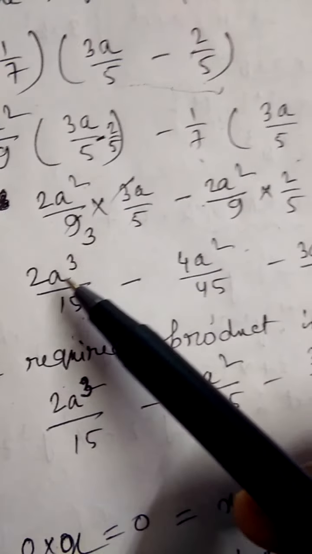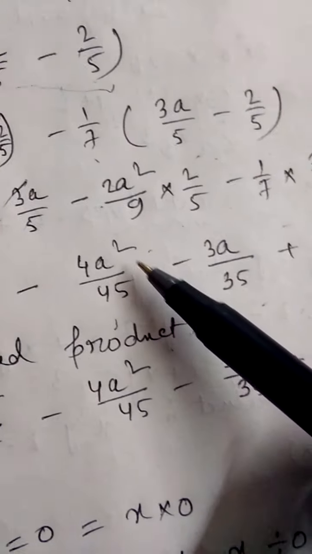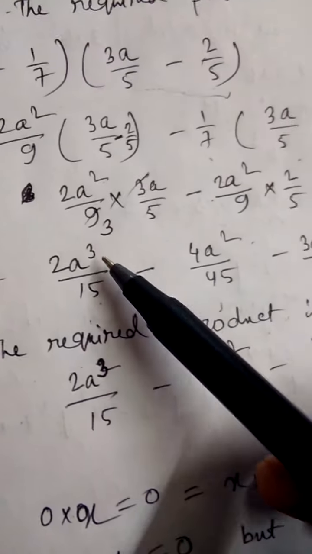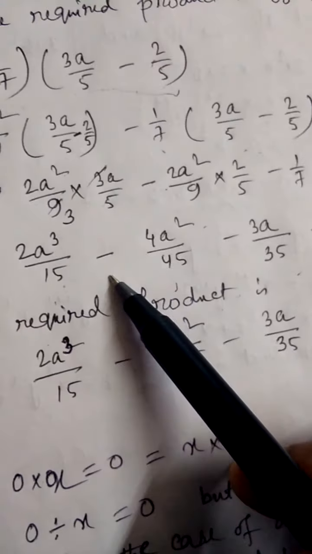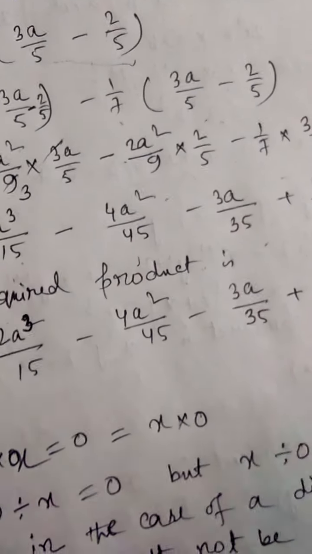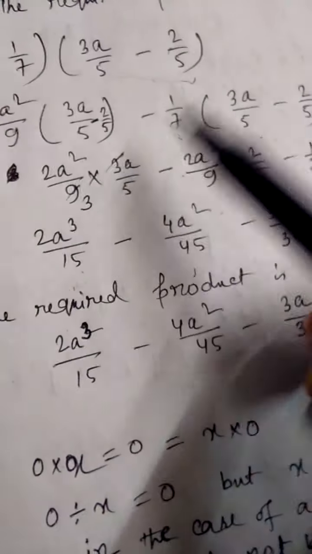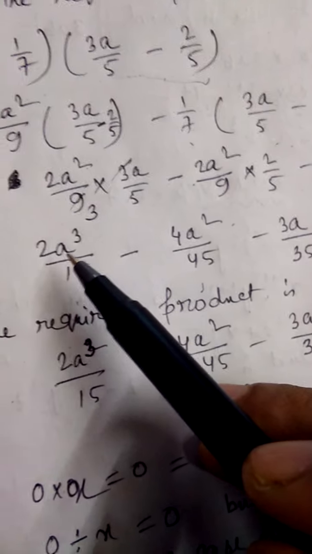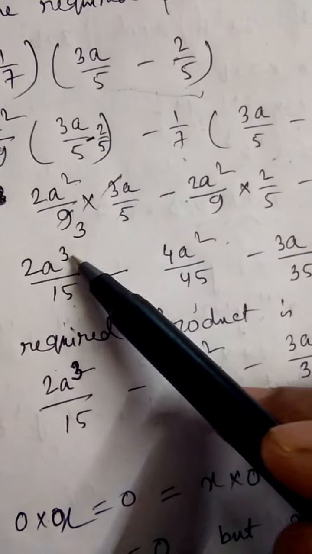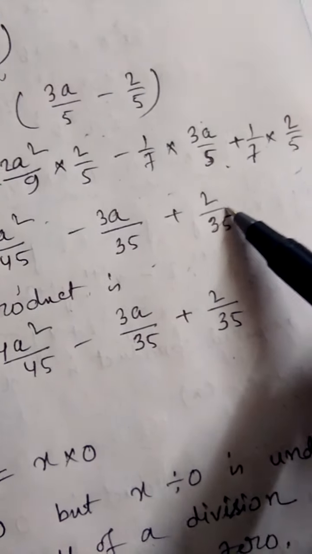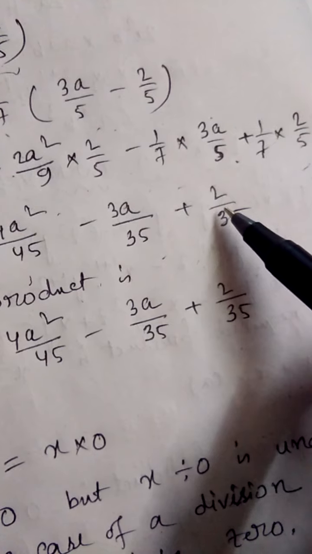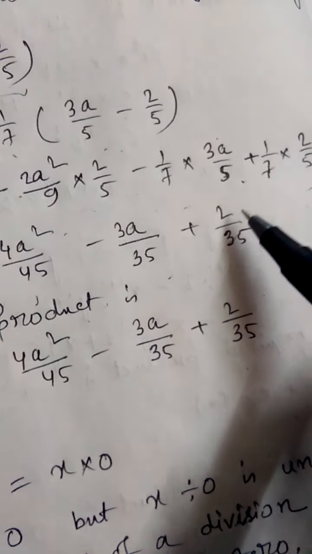Here see that the indices are written in descending order. We shall write the expression in a manner that the indices of the variables are in descending order. Here the index is 3, here the index is 2, here the index is 1, and here a is not present, that is a constant term, and the index is 0.